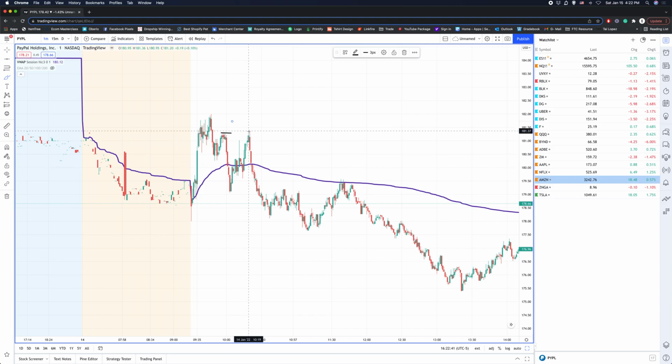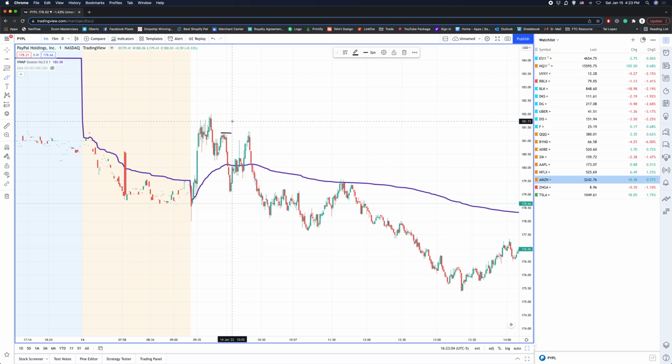But I give it some time. Sometimes I give it a little bit of space to breathe, and then ultimately it goes down, rejects, and bounces back down. So sometimes I'll get out, take my loss, and find another opportunity, or I give it some time to breathe and let it run.